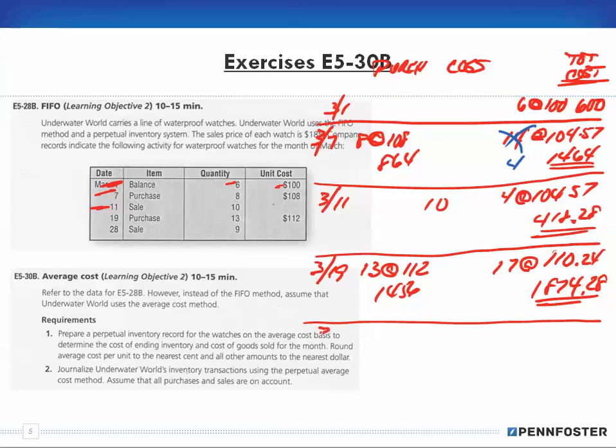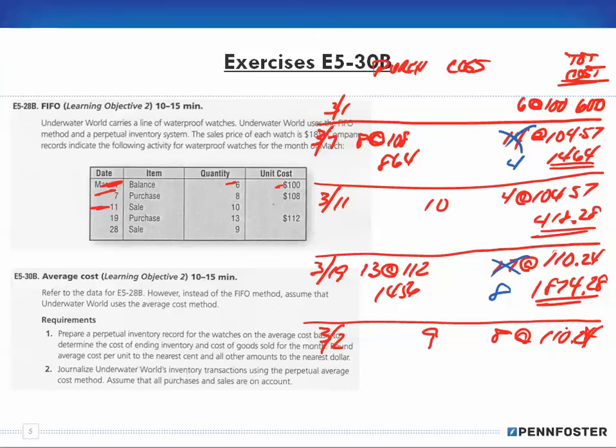Because now when we come to 328 and we make a sale of 9 units, we're taking 9 out of this 17, which means we have 8 left. So we have 8 at 110.24, because that is the amount that we've assigned to each item in inventory.